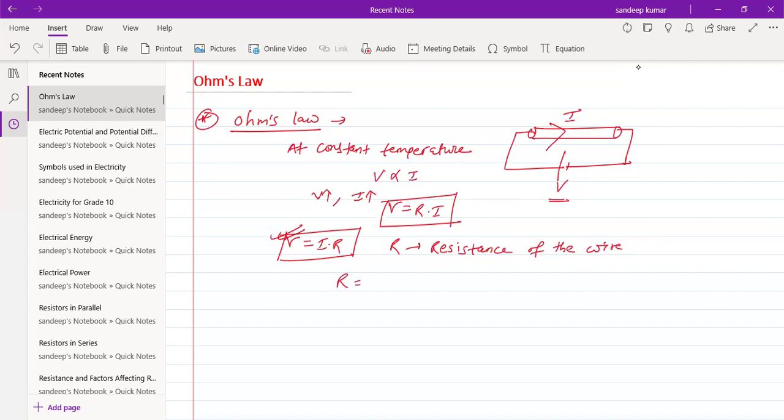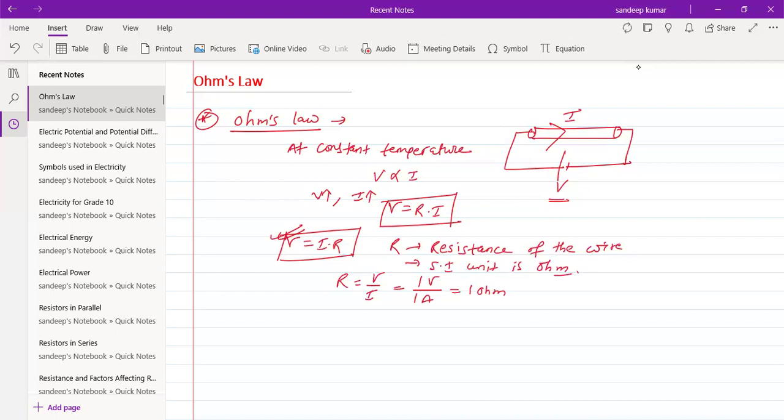So from here, R is equal to V by I. Assume, children, when the potential difference is 1 volt, and because of that 1 ampere current flows through it, then the resistance becomes 1 ohm. So the SI unit of resistance is ohm.